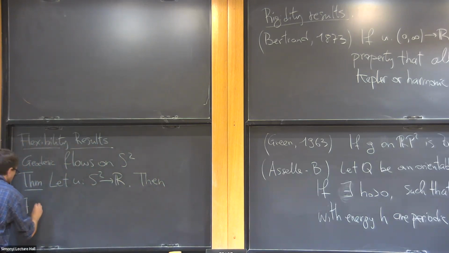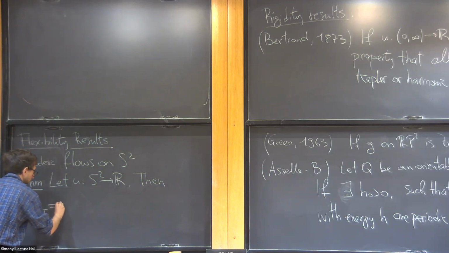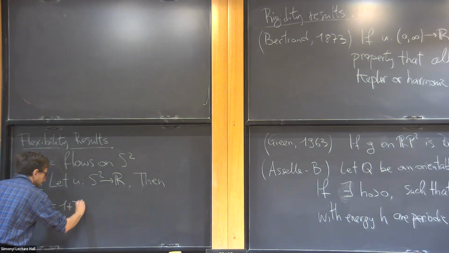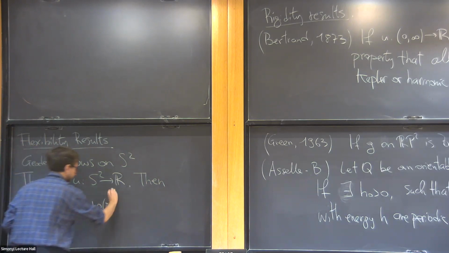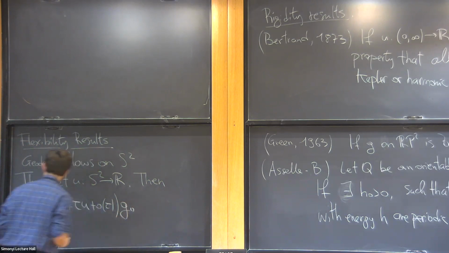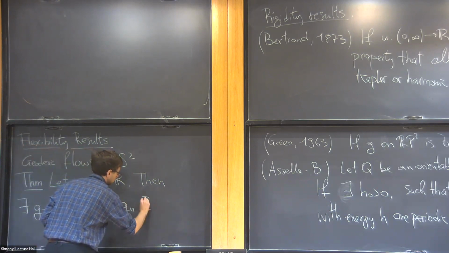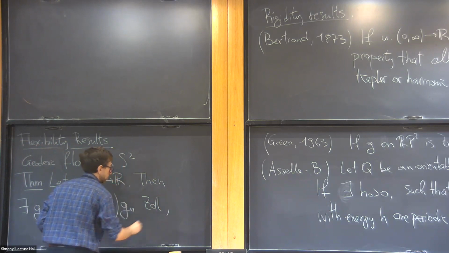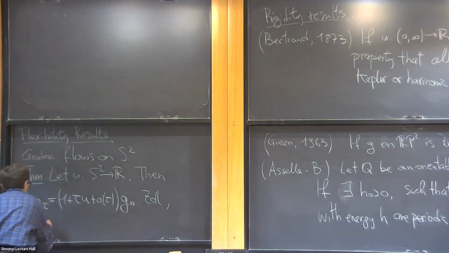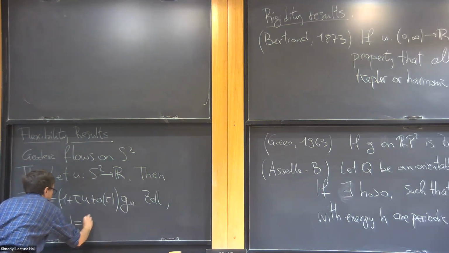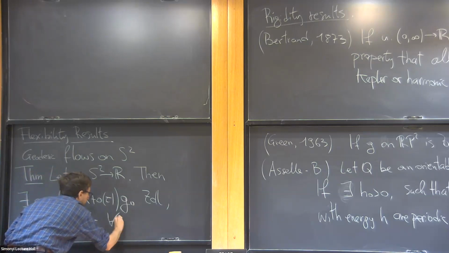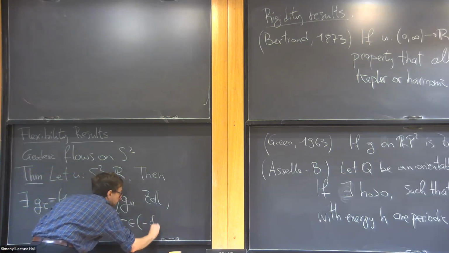There exists a deformation g_tau, which is conformal with respect to the standard metric, which is Zoll, and also with the same volume. The volume does not change, it's just a normalization, for all tau in some interval (-delta, delta).